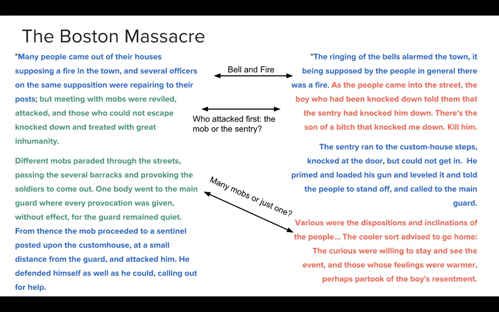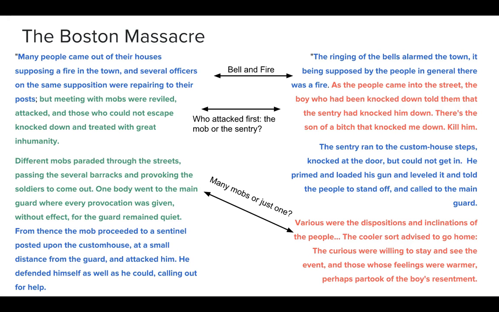In the blue is every time that both Gage and Adams say the same thing, which is unique because we've got two really different perspectives or motivations in the retelling.